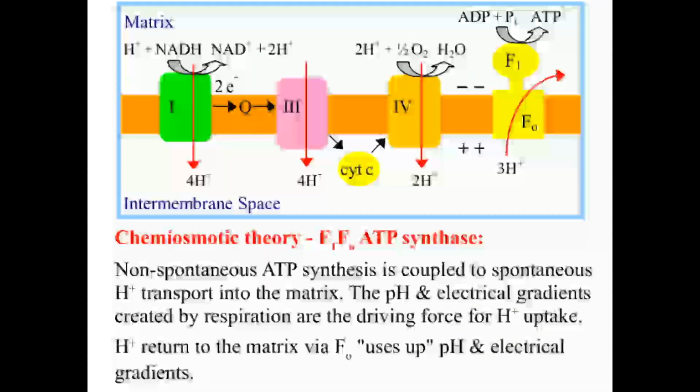This process is coupled to the spontaneous transport of H+, driven by the gradients created during respiration. These gradients are twofold: a pH gradient and an electrical gradient, often called the membrane potential. The key point is that respiration establishes these gradients, which then act as the driving force for H+ ions to move back into the matrix.